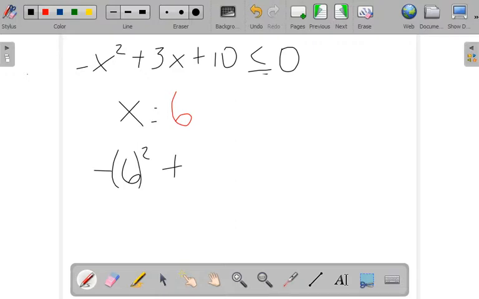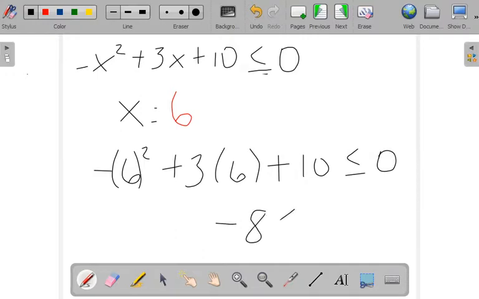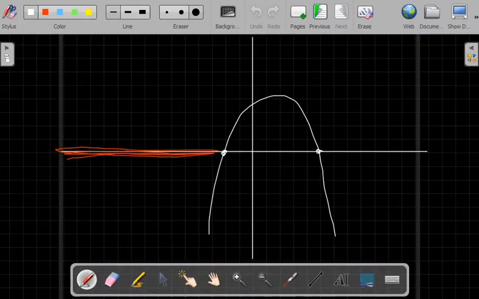Do the negative after. 3 times 6 plus 10 is less than or equal to 0. If we do that, we get negative 8 again. Negative 8 is less than or equal to 0, which is true. So if we come back to our graph, all of the points on this side where x is greater than 5 are true. This is what our graph looks like of our inequality.